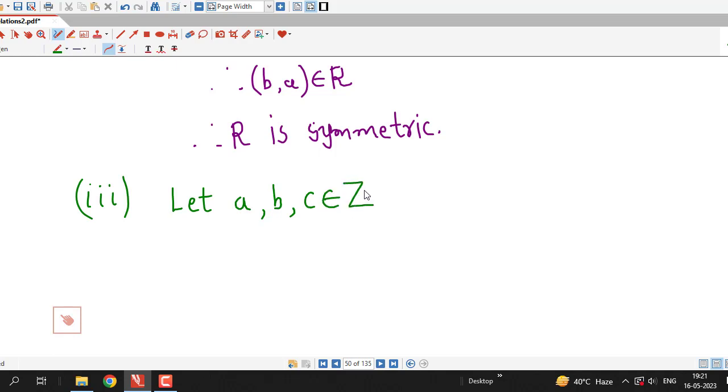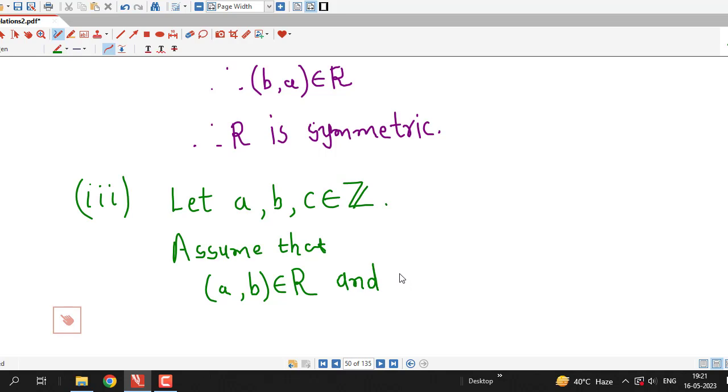Let A, B, C belong to Z, and assume that ordered pair (A, B) belongs to R and ordered pair (B, C) belongs to R. If our relation is transitive, then we have to show that whenever A is related to B and B related to C, we have A is related to C. We have to prove that if (A, B) belongs to R and (B, C) belongs to R, then (A, C) belongs to R if our relation is transitive.